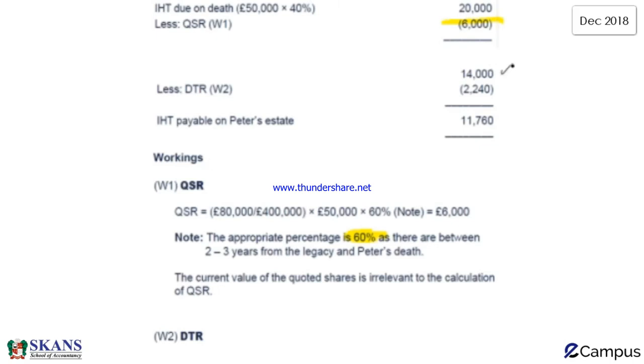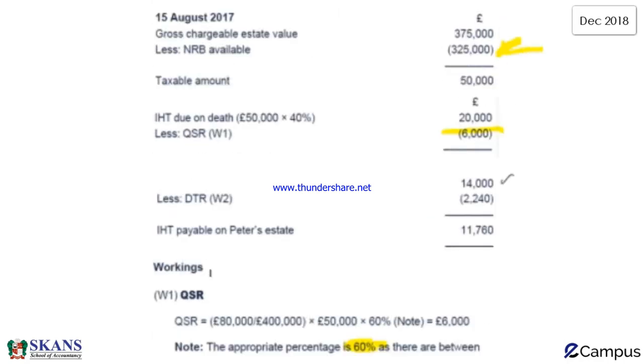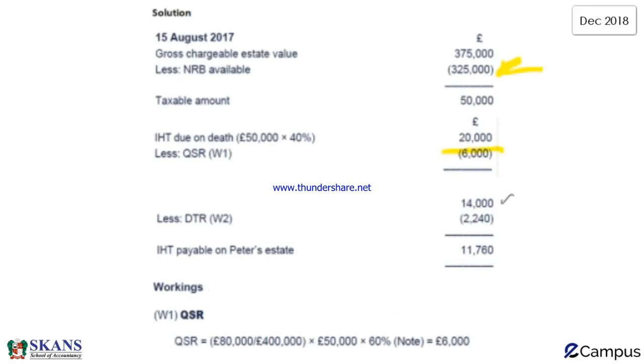Now, if you want to know the overseas tax on the overseas property, we already know that. That is 18,000. But what is the UK tax on this overseas property? For that, you should consider the total estate of 375,000. The total tax before DTR is 14,000. What you can do is 14,000 divided by 375,000.